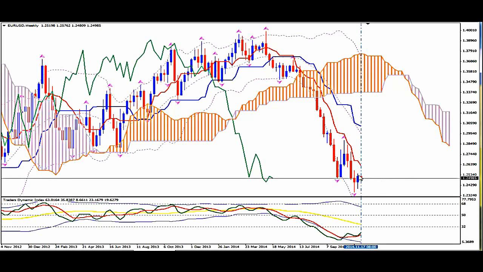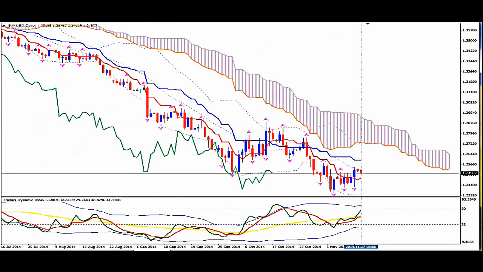For now, let's focus on the pair's effort to reach the 1.2620 price level where Tenkan-sen is on the weekly. Again, we can't base our trading decisions on the weekly, so we go to the daily.